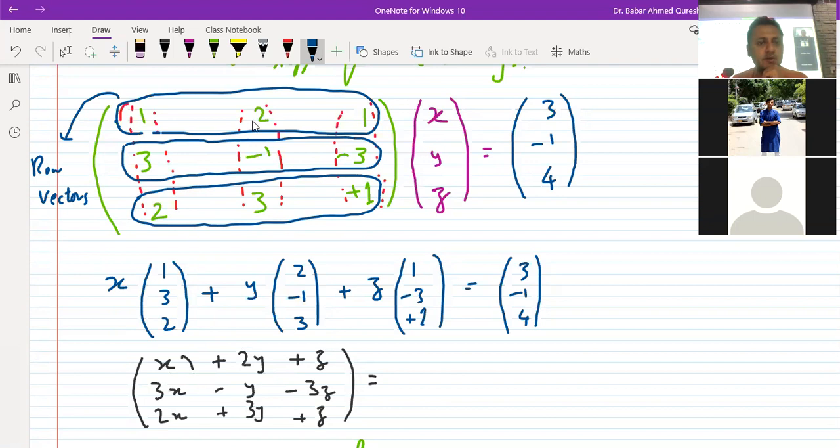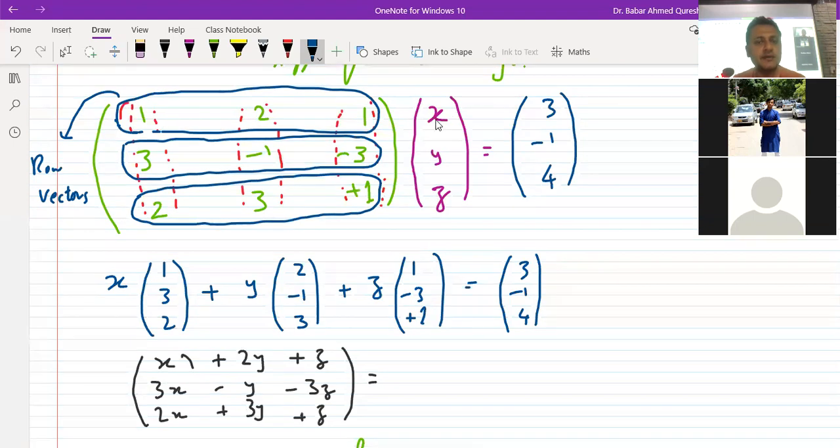I'm now in a sense multiplying each row with this column. So I take the first component of my column with the first component of the first row, second component of my column with the second component of the first row, I get this, and so on. I do this with each row. So this operation, let me write it over here.